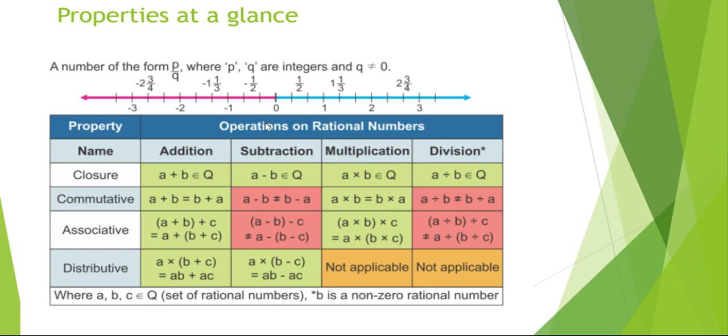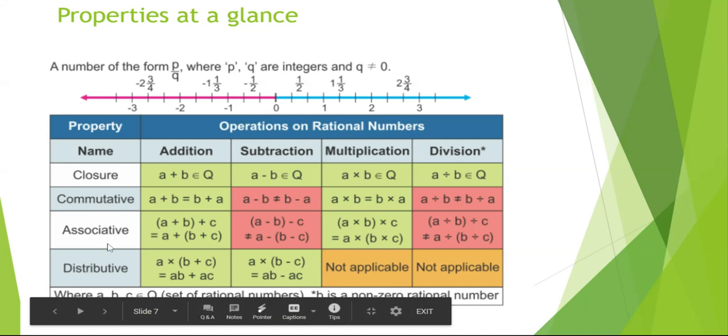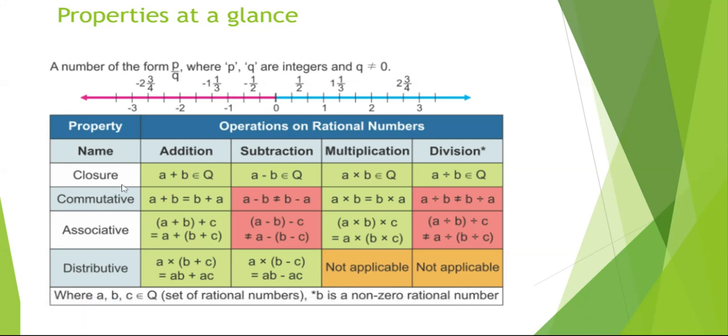There is a table here which shows all the properties and the various operations under which you'll verify if these properties are true. We'll start with the closure property. In case of addition, if you add two rational numbers, the answer will be a rational number. If you subtract two rational numbers, the answer will again be a rational number.